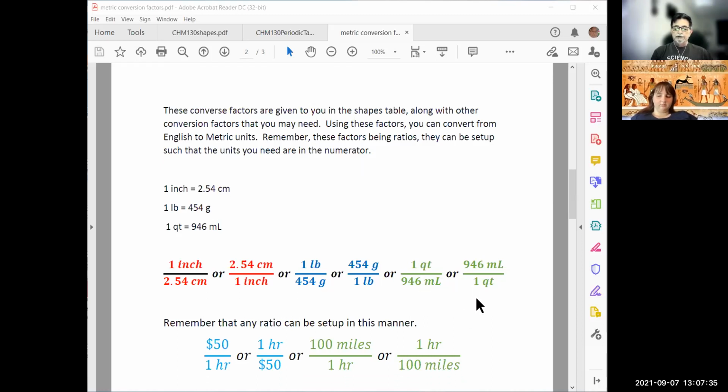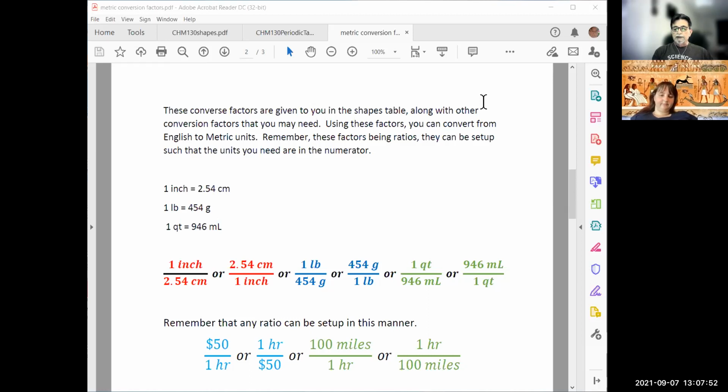Now, every conversion factor is a ratio. We give you these 3 conversion factors that get you from English to metric. 1 inch is equal to 2.54 centimeters. This information is in your reference table, so it's not necessary to memorize. It's there.